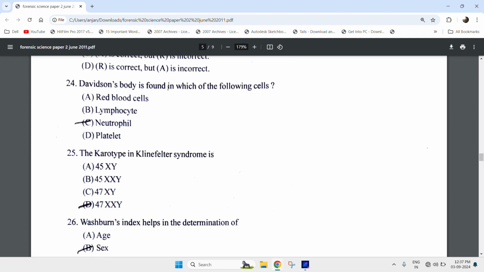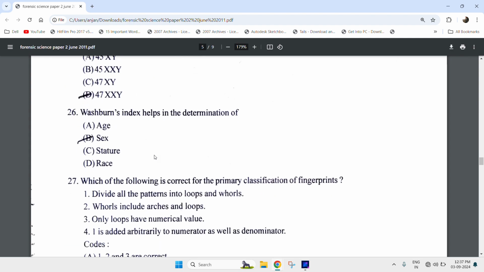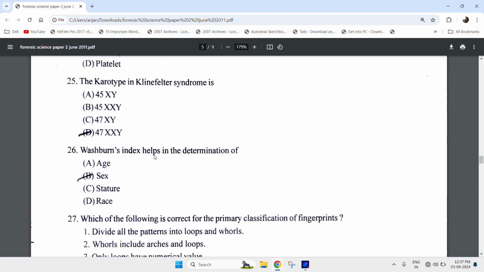Drumstick body is found in which of the following cells? Neutrophils. The karyotype in Klinefelter syndrome is 47, XXY. Washburn index helps in determination of sex.